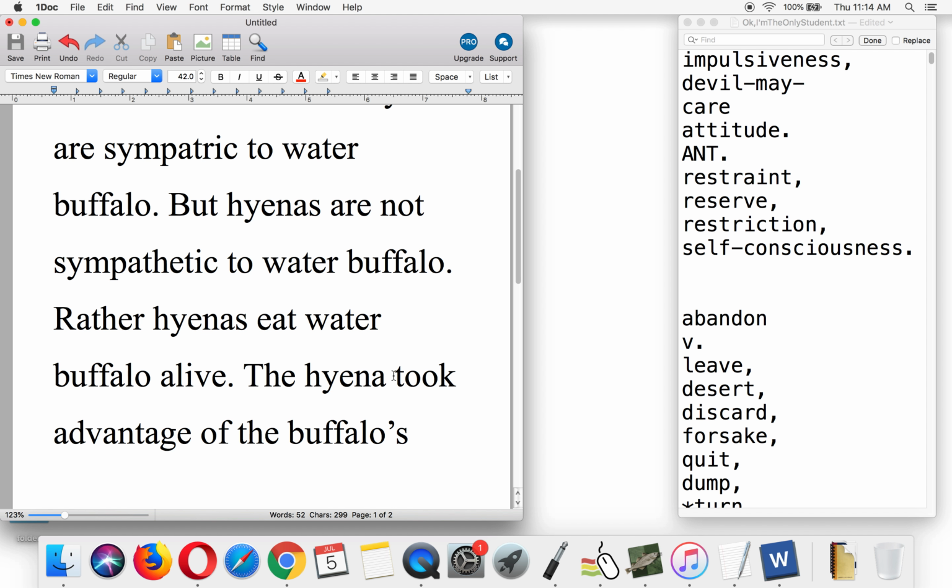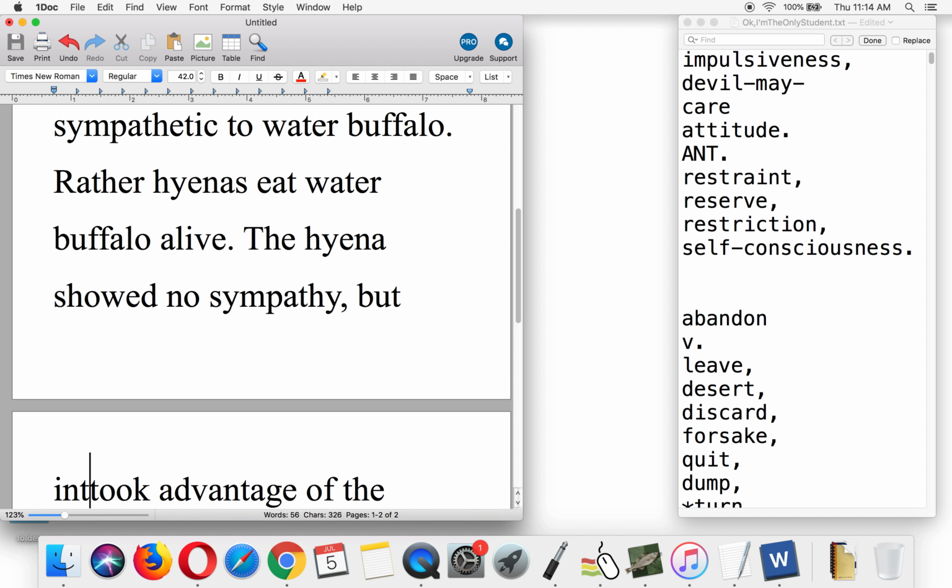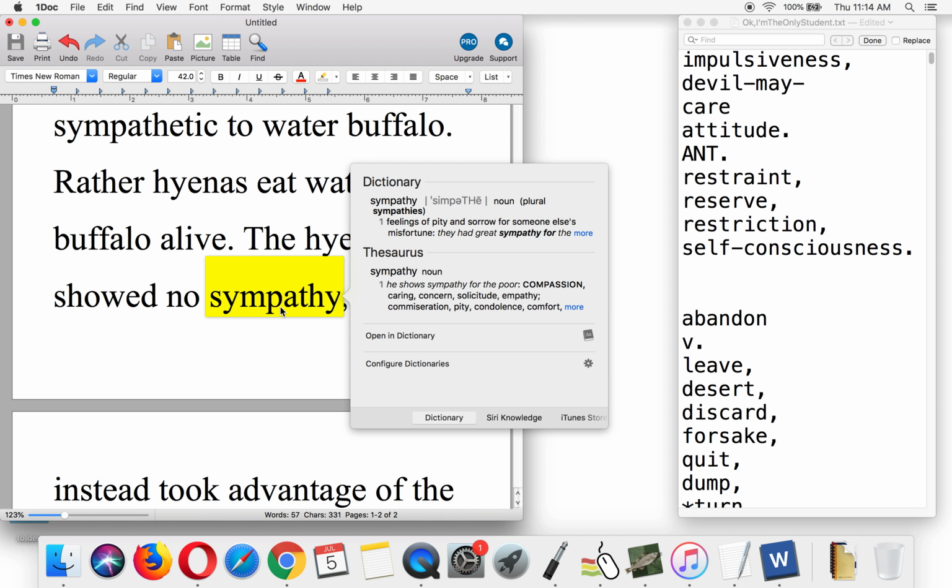So I'm going to put here, the hyena showed no sympathy but instead, okay, sympathy. Now sympathy is a feeling of pity and sorrow for someone else's misfortune. See, the hyena did not feel any sympathy for the water buffalo.